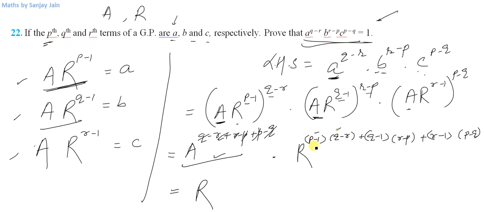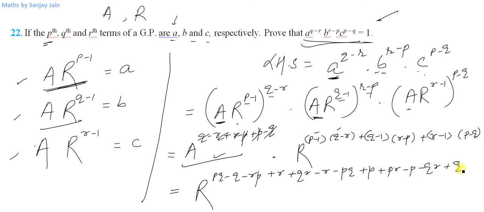Now you need to multiply these. pq minus q minus rp plus r plus qr minus r minus pq plus p plus pr minus p minus qr plus q. And if you see, these terms can also be cancelled.